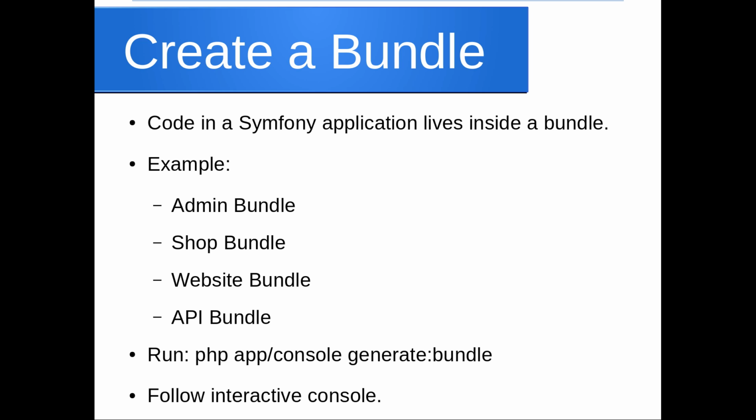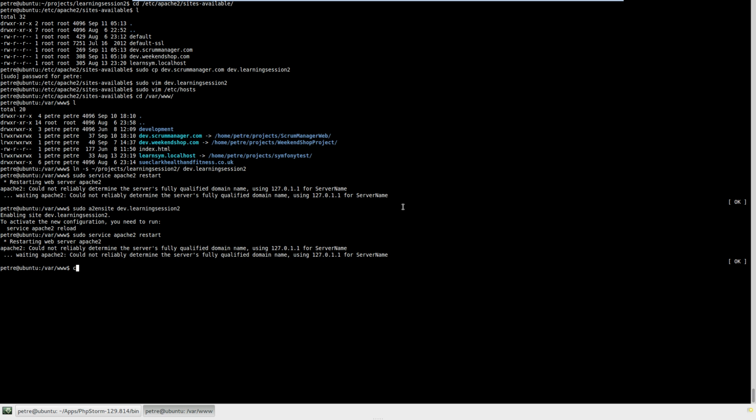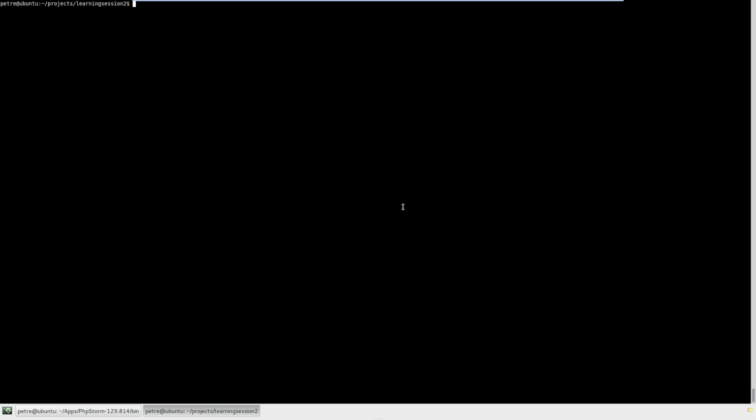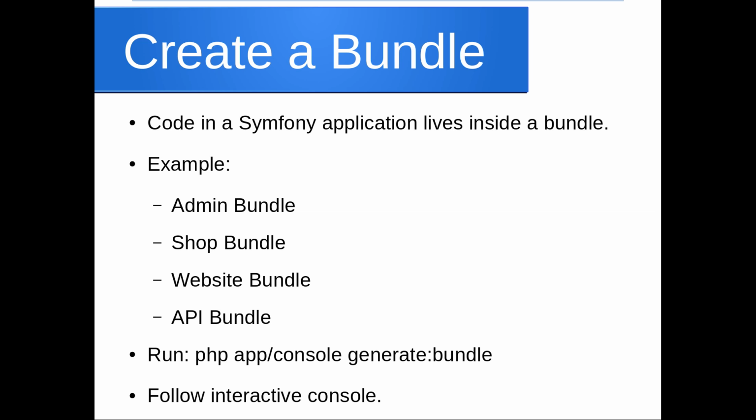Now, we're going to create a new bundle over here, and again, I need to stress that this is something that's isolated. It has its own assets, its own routes, its own services that it uses, its own tests. So we're going to create one of these now, and it's really very easy to do. We just run a single command, which is through the console script.